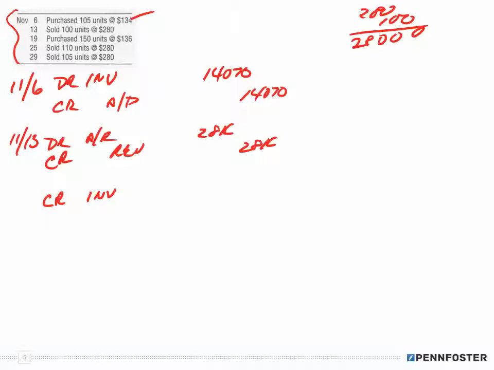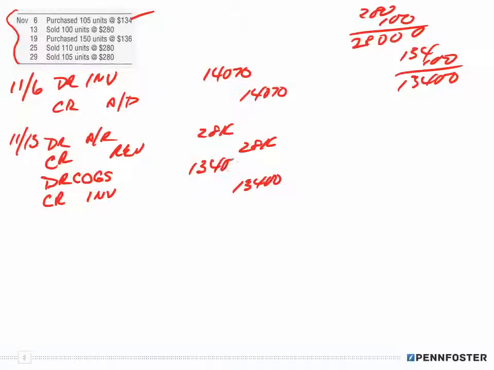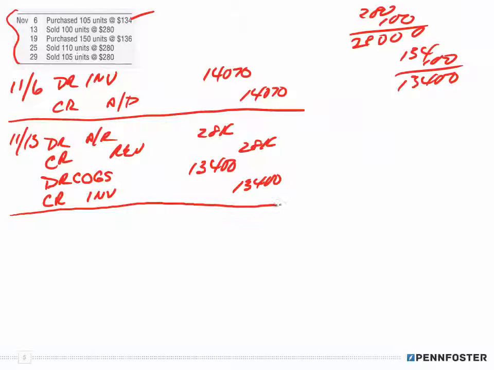So 100 times 134, 134 times 100 is 13,400. So I'm going to credit my inventory for 13,400, and debits must equal credits, so I'm going to debit cost of goods sold because that's where I'm moving it to. So I debit cost of goods sold for $13,400.